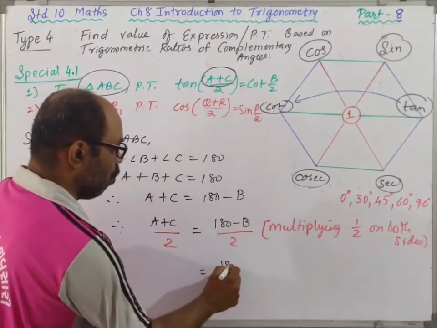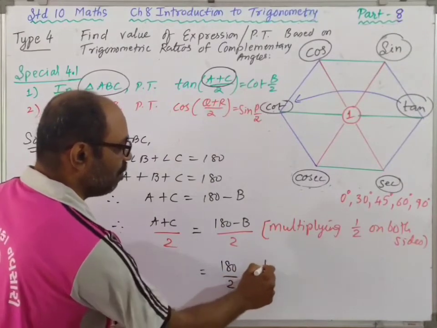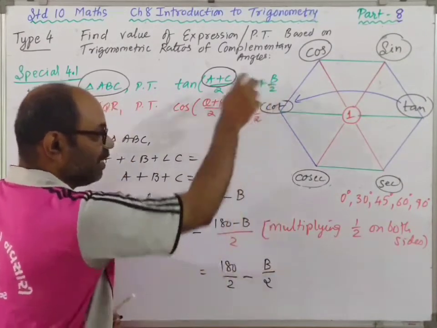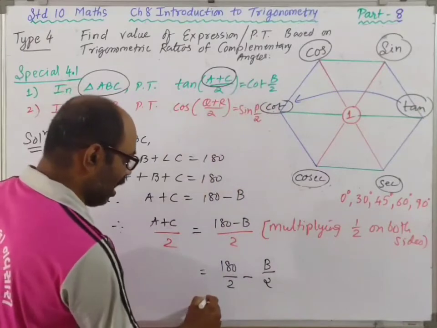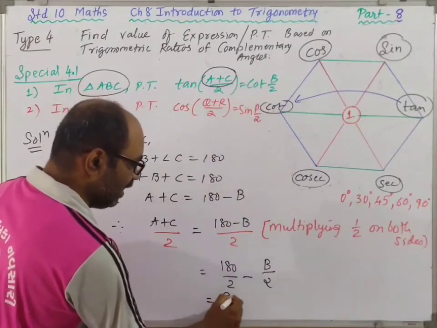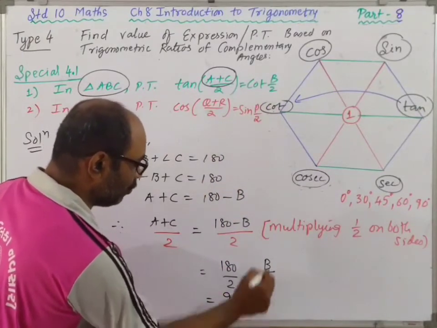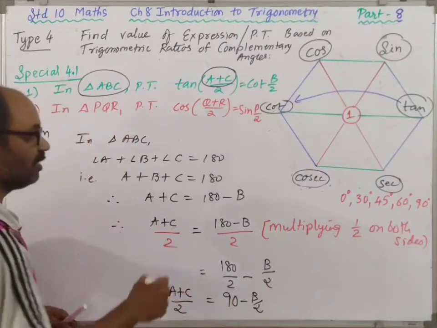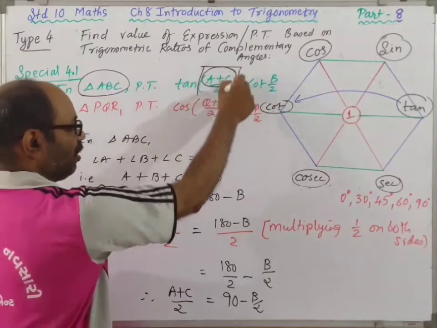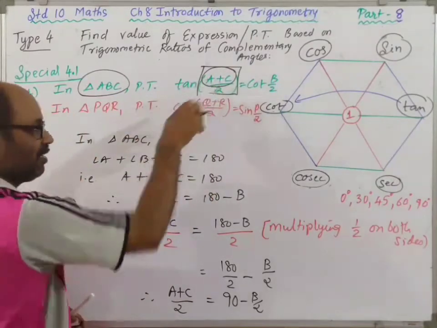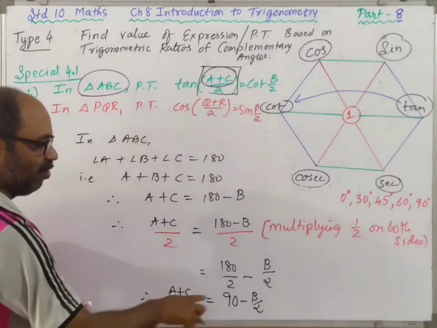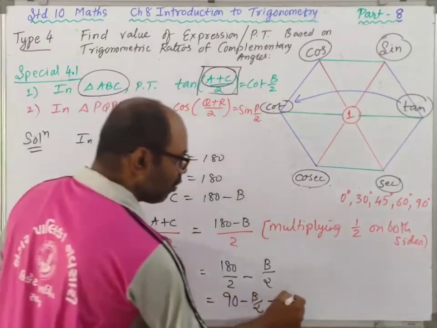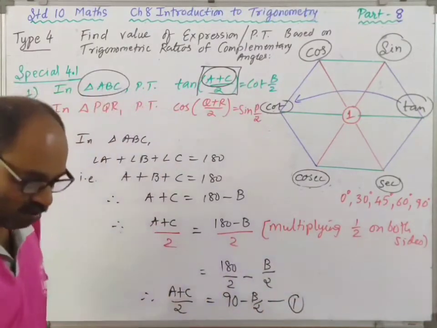That is equal to 180 divided by 2 minus B by 2. You can see you got B by 2 as well. Now this is 90 minus B by 2. Therefore, (A plus C) by 2 is equal to this. So you got the substitution for (A plus C) by 2. What is (A plus C) by 2? 90 minus B by 2. Call this result number 1.